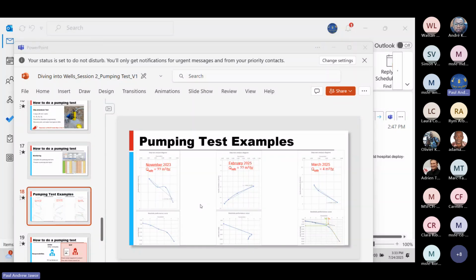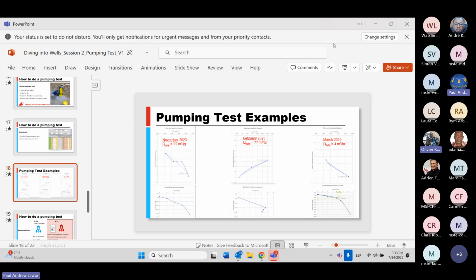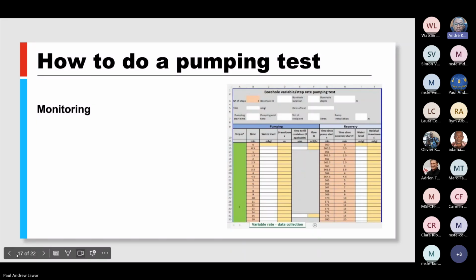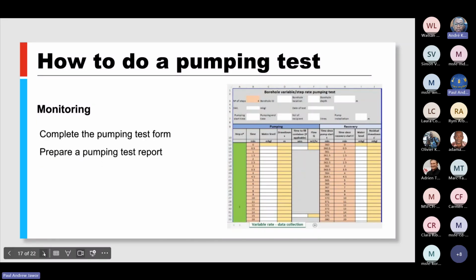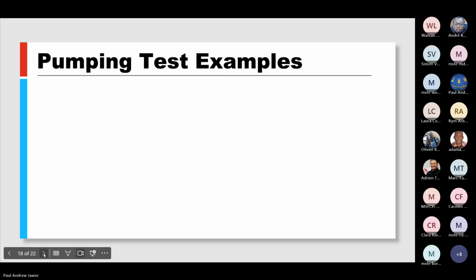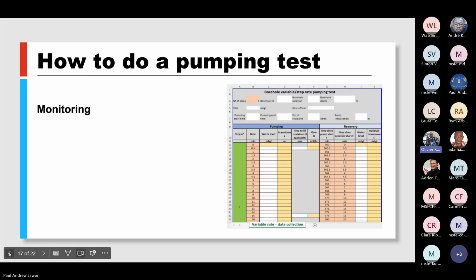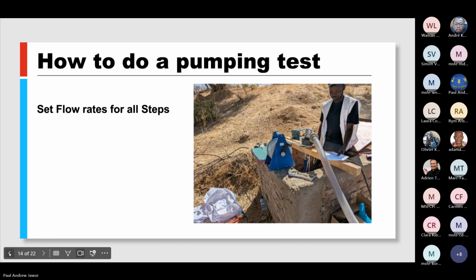Is this the correct one? Which slide would you like? Slide 14, please. Okay, number 14.